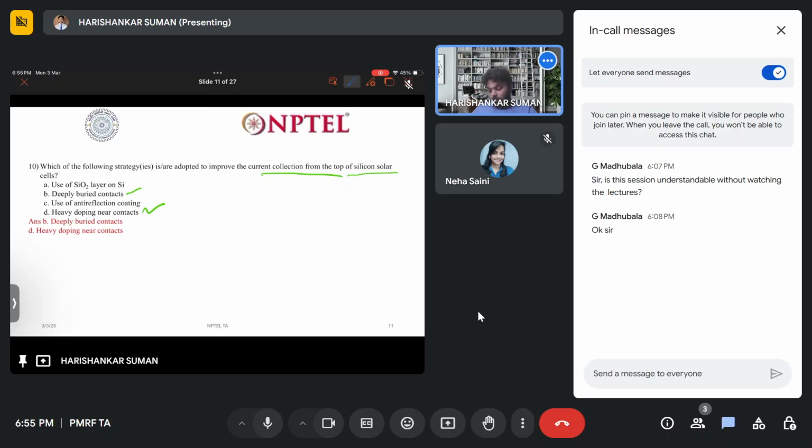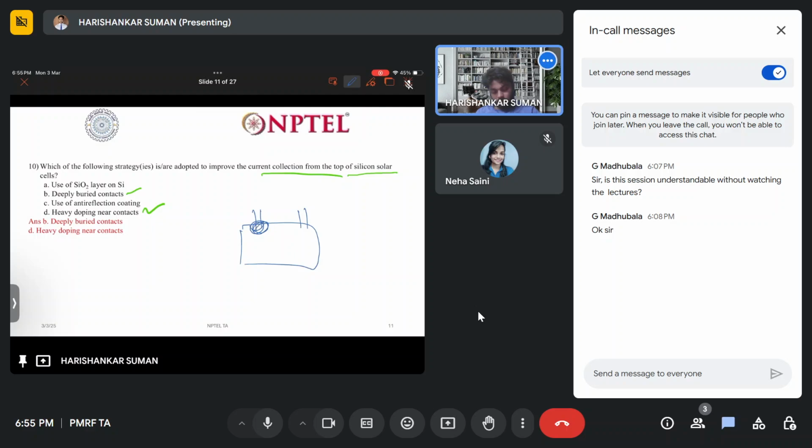Okay, this is the strategy for improving the current collection or number of charge carriers. Let's say we have contact.